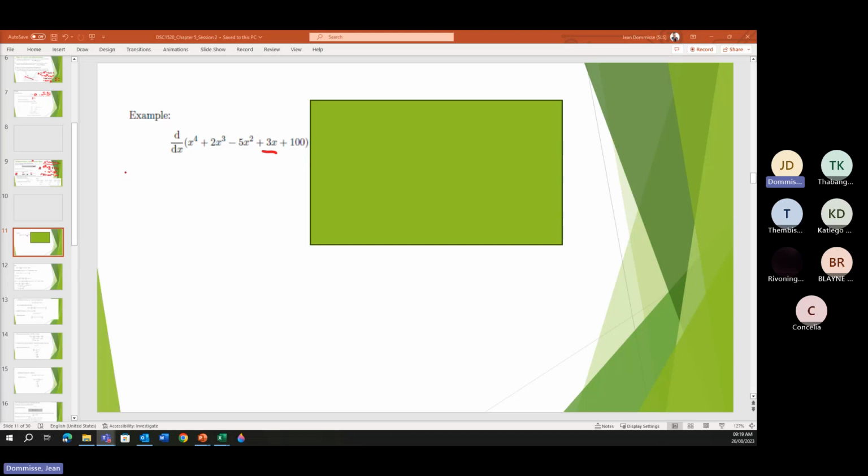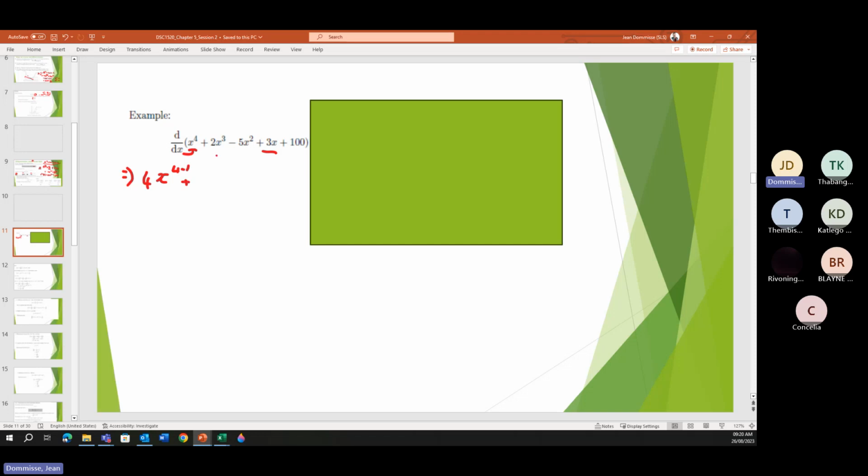Okay, so let's look at this one. If we differentiate this, let's differentiate that first one. We've got x, take the 4 in front, which is the first thing I'll always do. 4 minus 1 will be the next step.